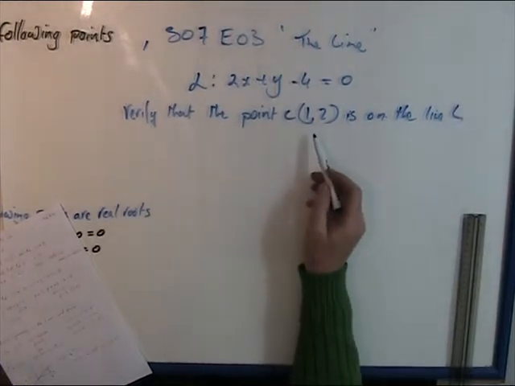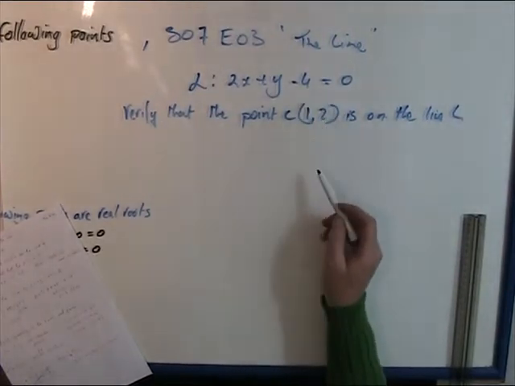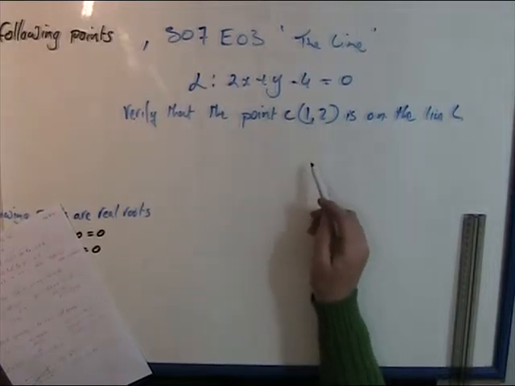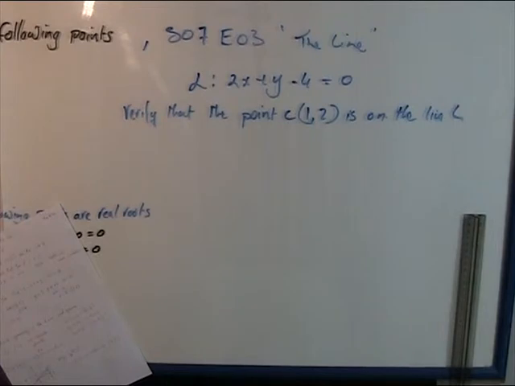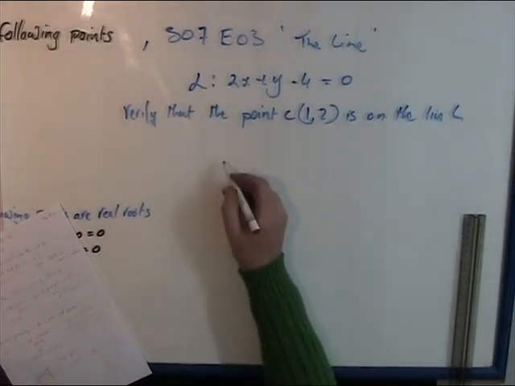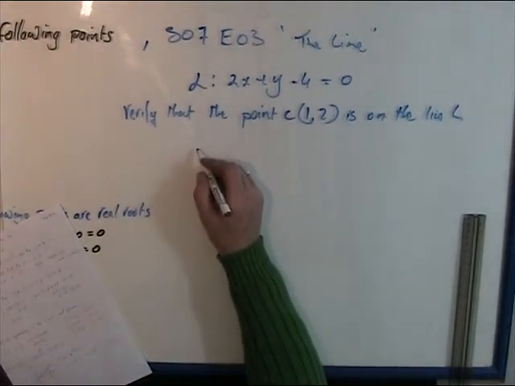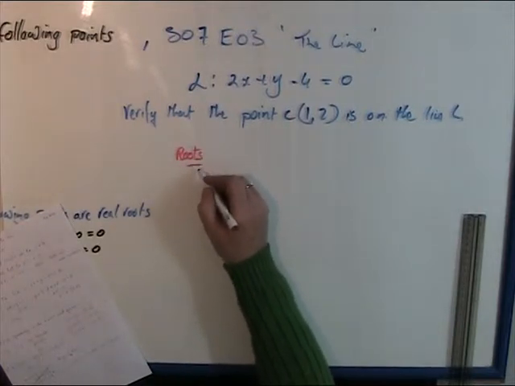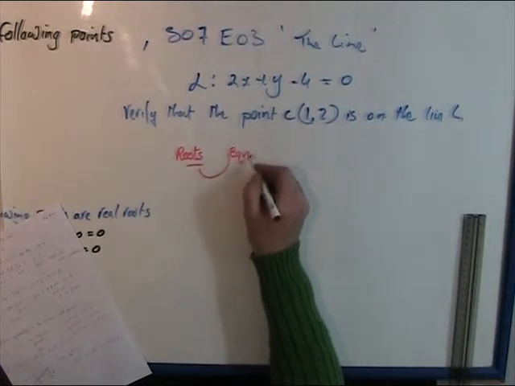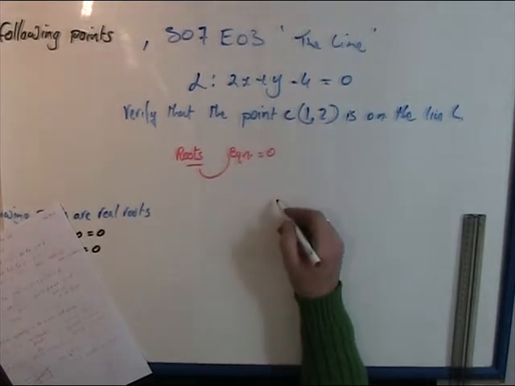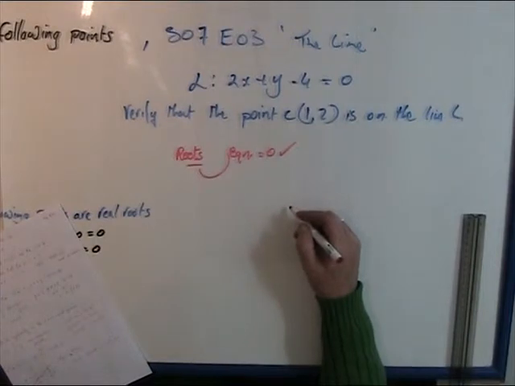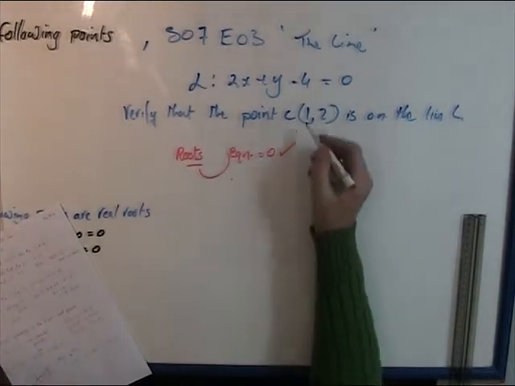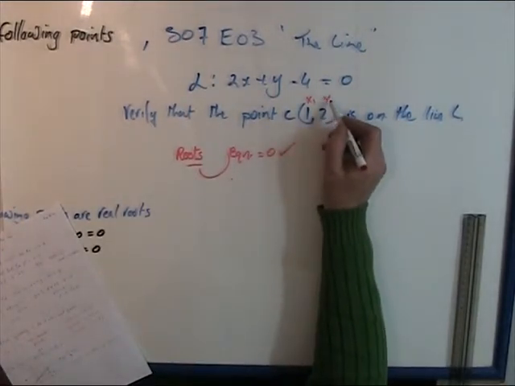Now to prove that this line has this point C, we have to substitute. This is the same thing as with roots. It's like solving roots for a cubic equation. So we see if C is a root, so we substitute into the equation, and if the answer is equal to 0, it's a root. So we got x1 here, and we got y1.